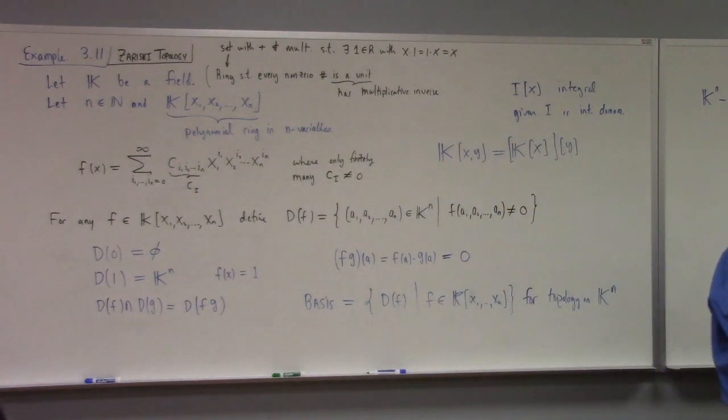I think it gives us another nice example of a kind of unexpected topology on things that we know.